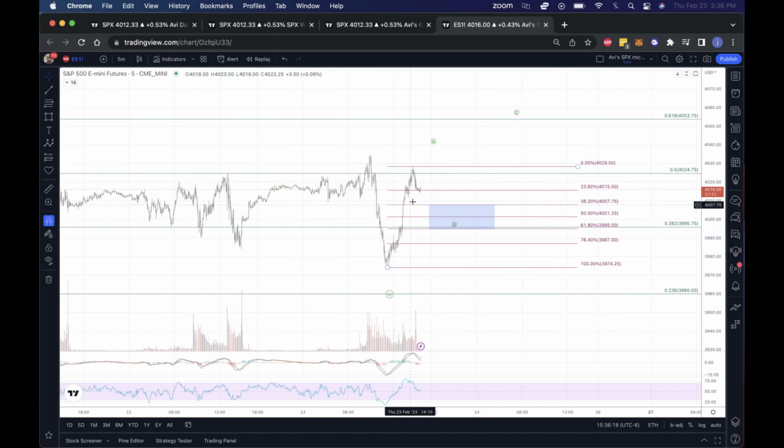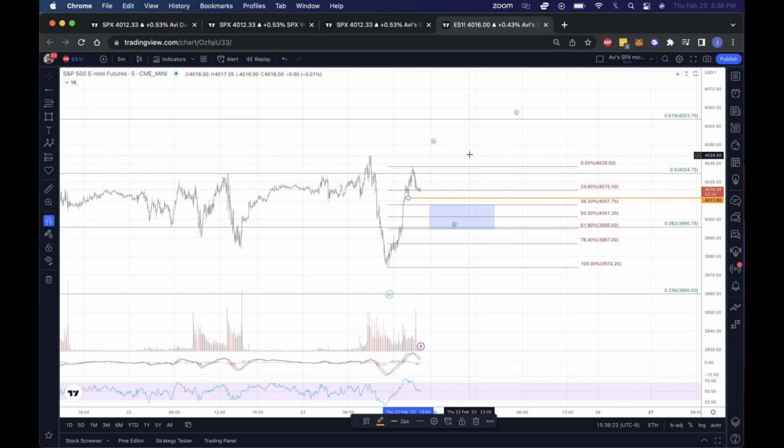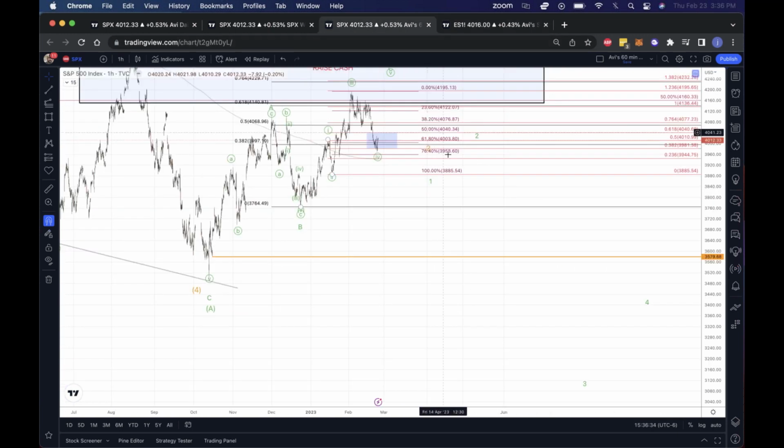But again, we can still see an extension up. I want to see price below this little local low here to indicate that we've topped. So 4011. If we get below 4011, that would indicate likely that the A wave is topped and price is coming down in the B wave here, and then we can head up tomorrow in a C wave.